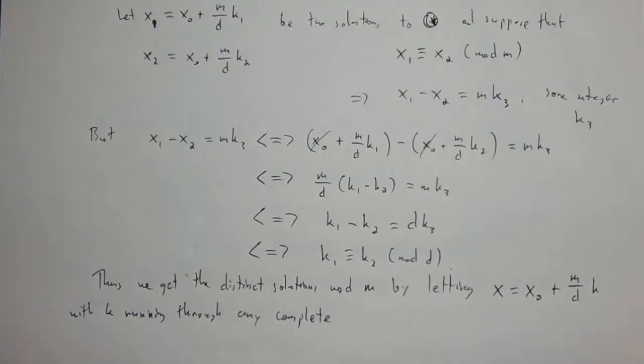And if you chose from a list of those in a way that exhausted the list, okay, so for instance, mod 3, your least non-negative residue classes are 0, 1, and 2. Those are your representatives. So in that case, k would run through 0, 1, and 2. That's an example of a complete list. Another example of a complete list would be 1, 2, and 3, right? Because 3 is congruent to 0 mod 3. So running through 1, 2, and 3 is the same thing as running through 0, 1, and 2.